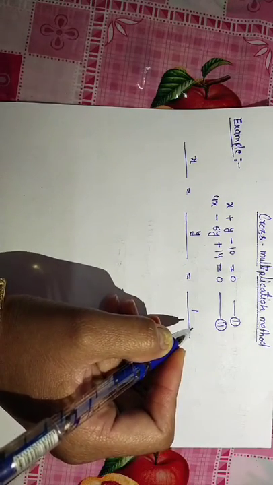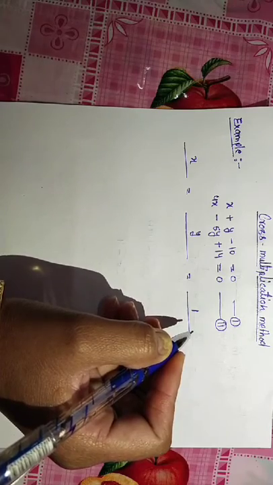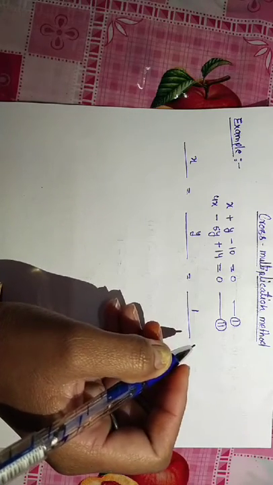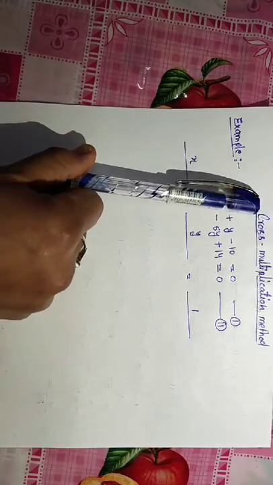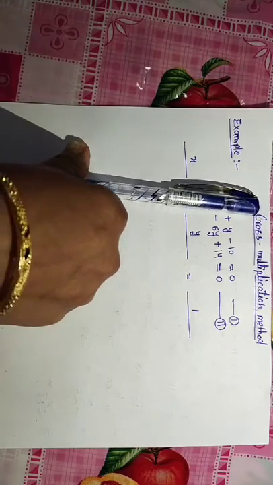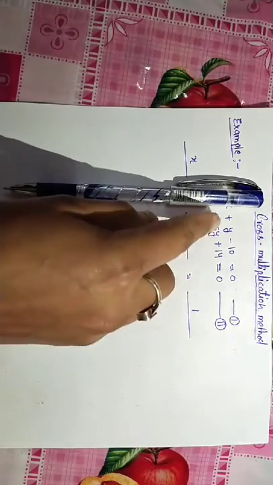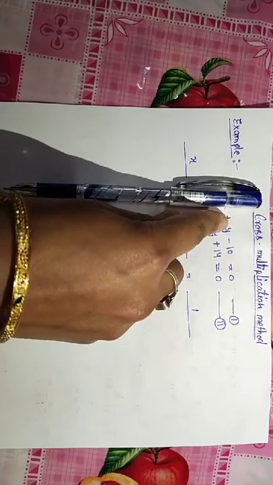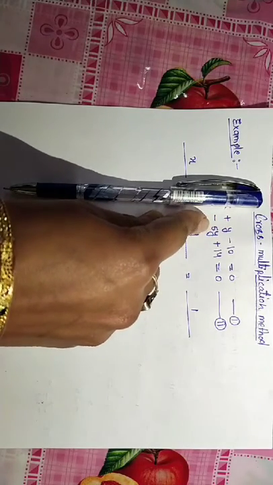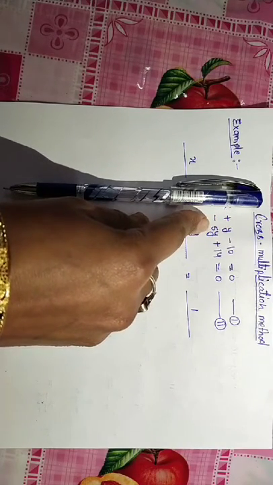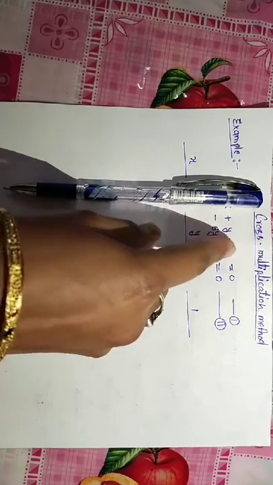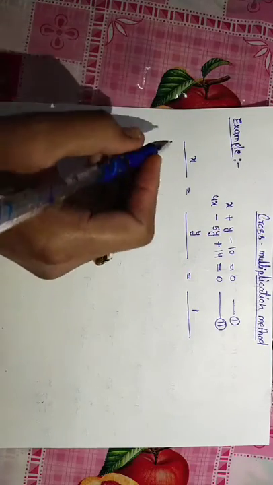For writing in the denominator of x, we cover the x term and we get: first we write the coefficient of y and then the coefficient of y in the second equation, and we write the constant terms like this.